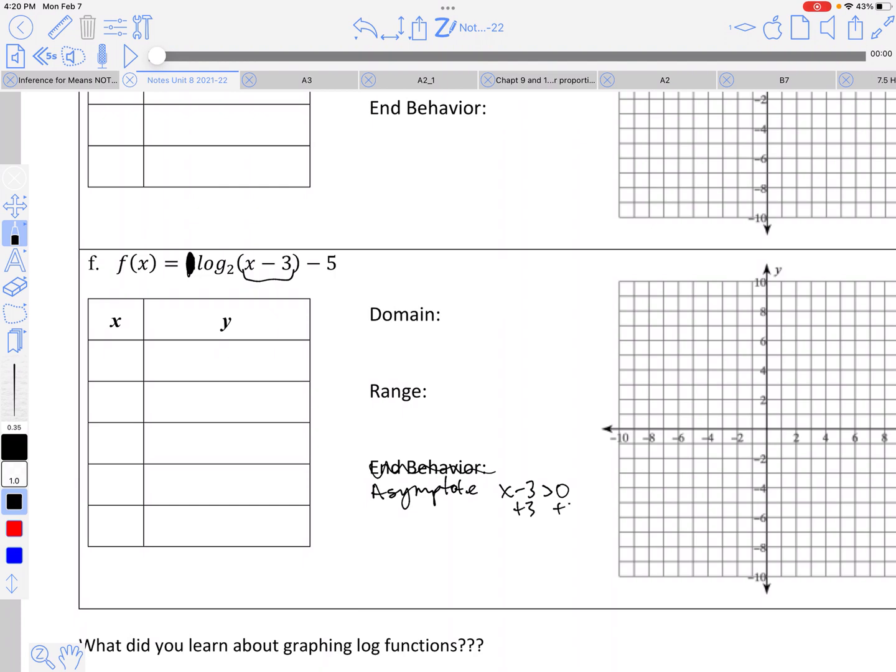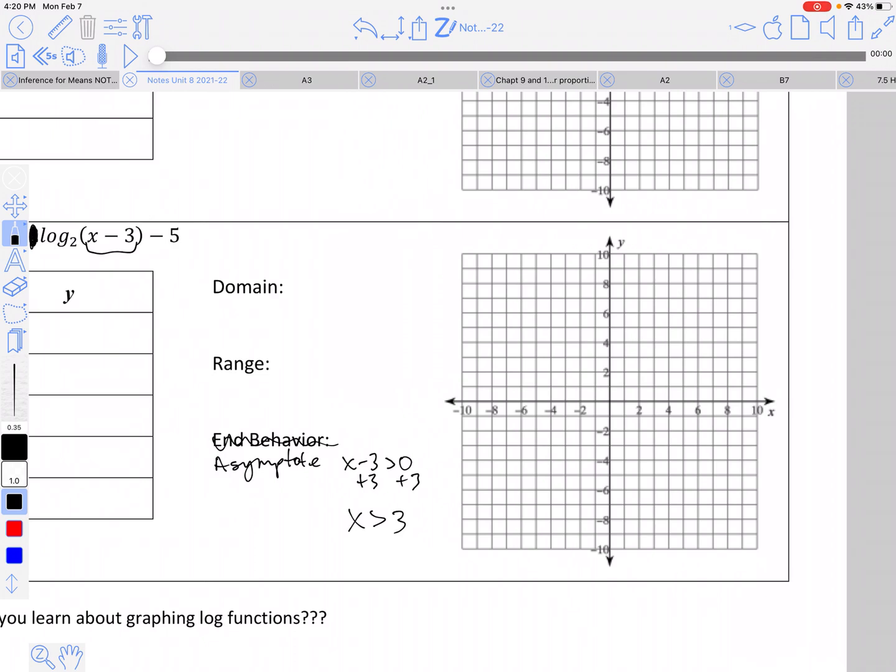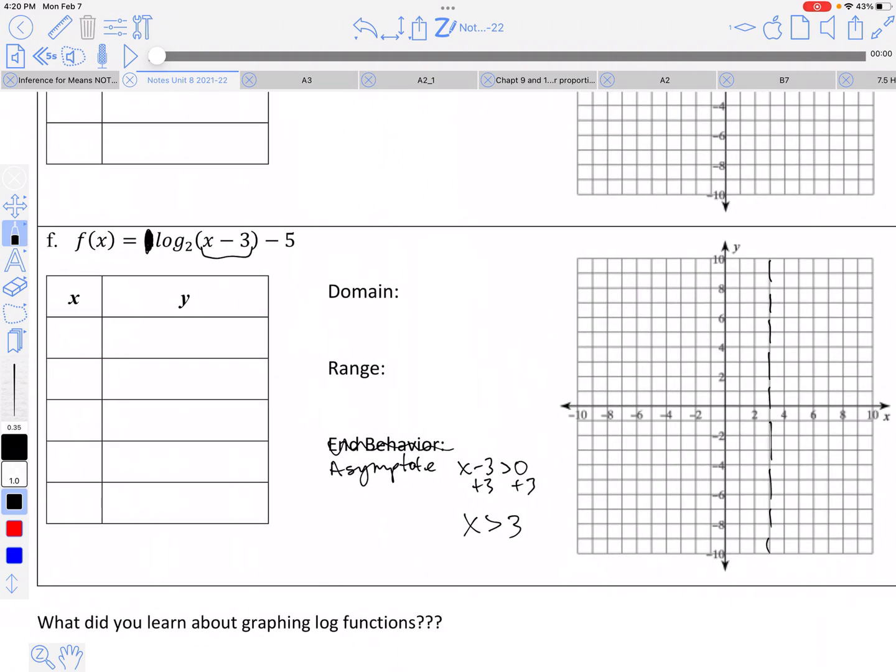So we add 3. That means we have to use things greater than 3. Because if we plug in a 3, 3 minus 3 is 0. If we plug in a 2, 2 minus 3 is -1, right? So these are causing problems with the log's argument. So our asymptote is actually at x equals 3. So we have our asymptote, and that kind of helps us know what to plug in.